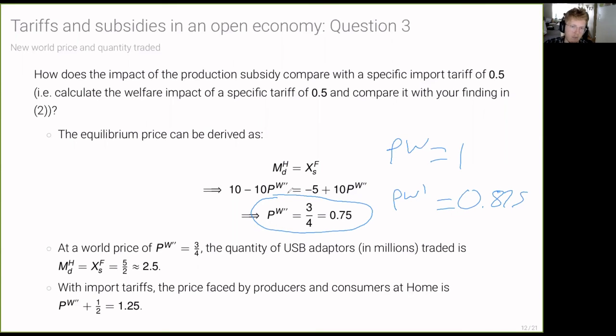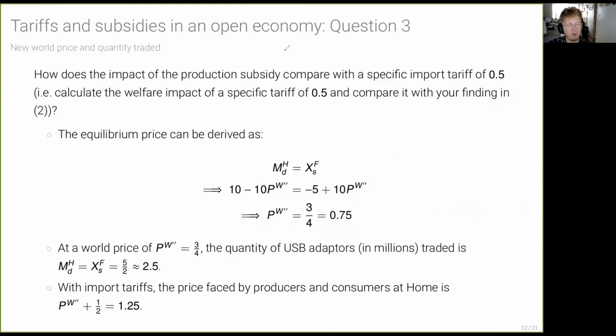The larger decrease in import demand from Home has decreased world prices. And so we have a stronger terms of trade effect from the application of a tariff than we do from a subsidy.